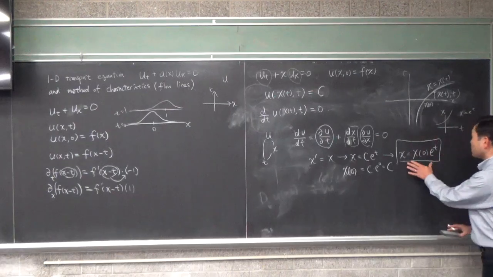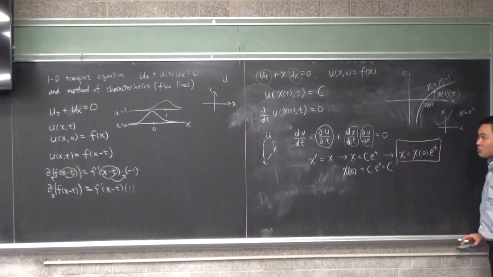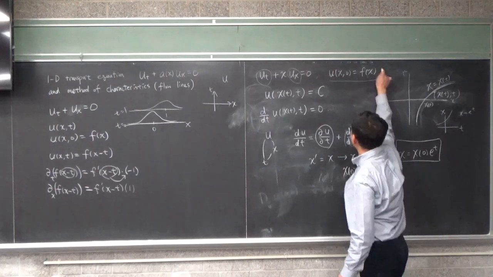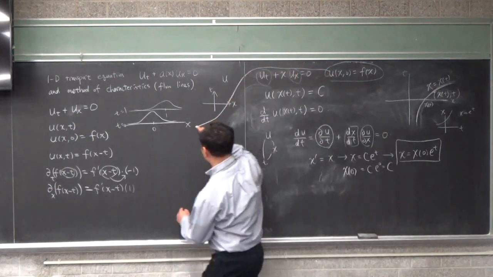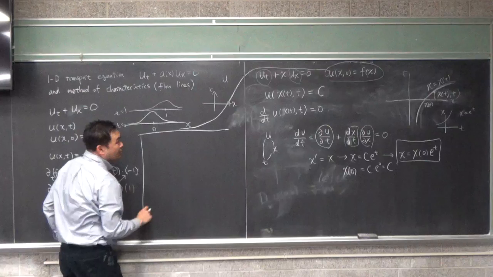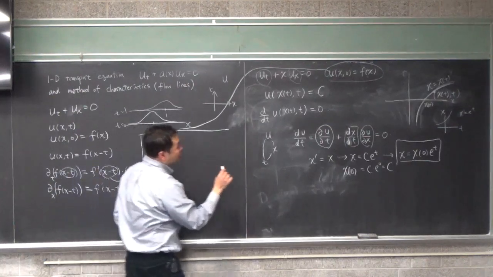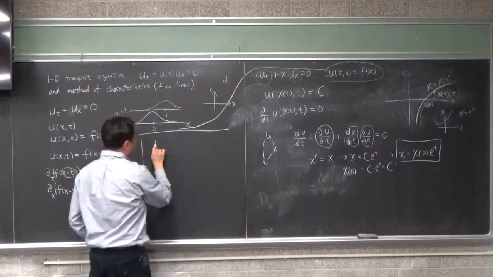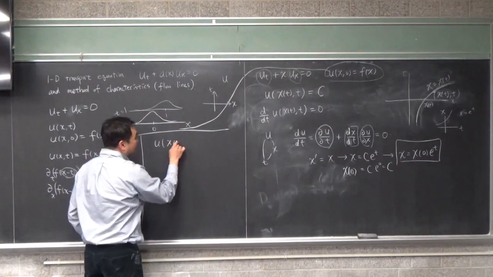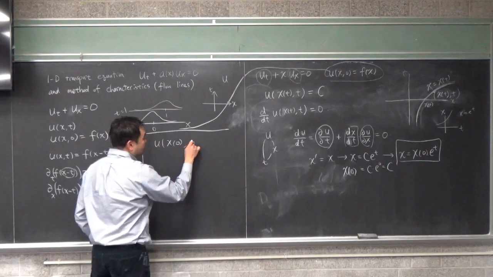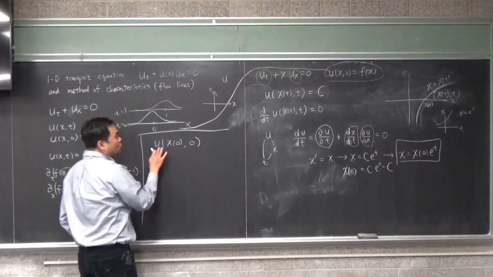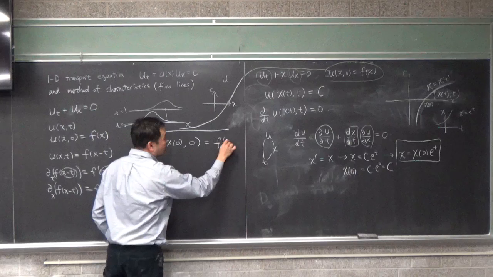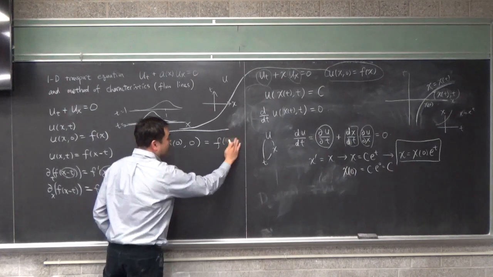So here we identify the characteristic line, and now what we do is we rewrite this initial condition. So let's see. If I plug in 0 into t, we get u of x0, 0, and u of x0 is equal to f of x0, right?